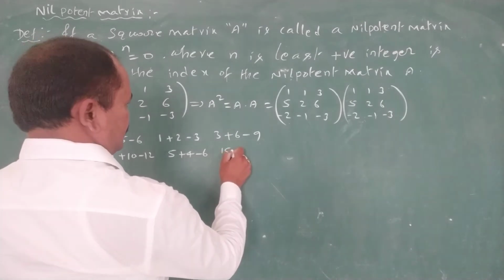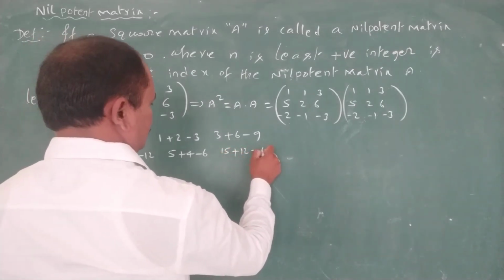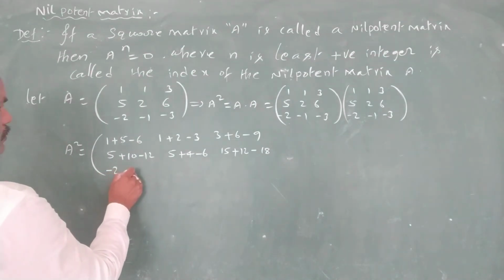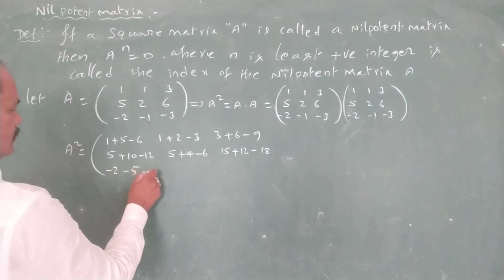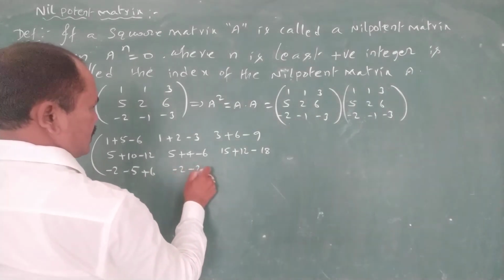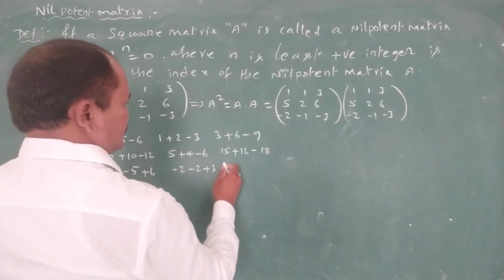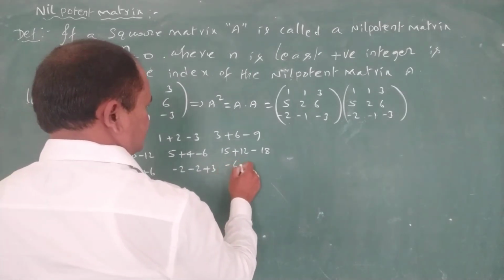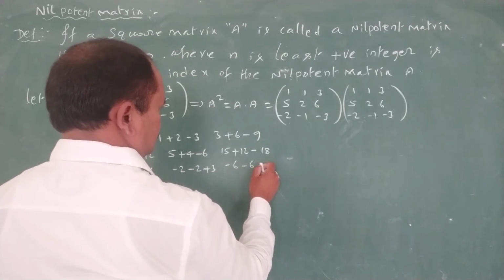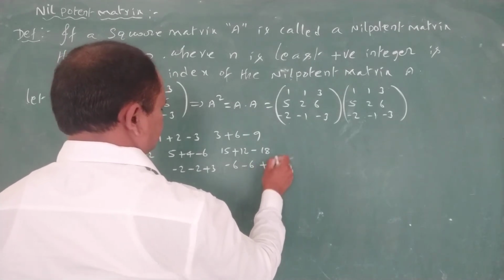Now 15 plus 12 minus 18. Then minus 2 minus 5 plus 6, minus 2 minus 2 plus 3, minus 6 minus 6 plus 9.